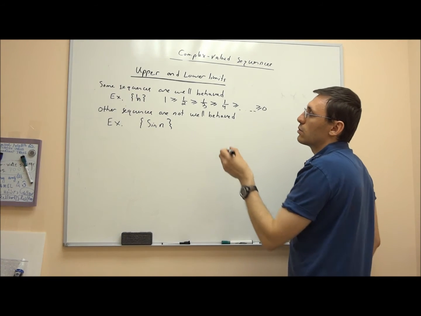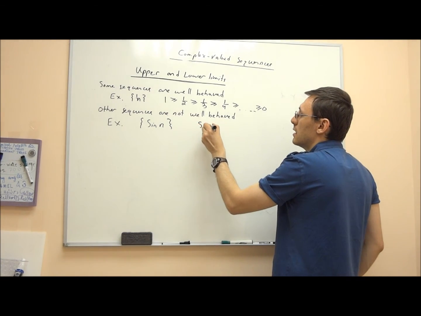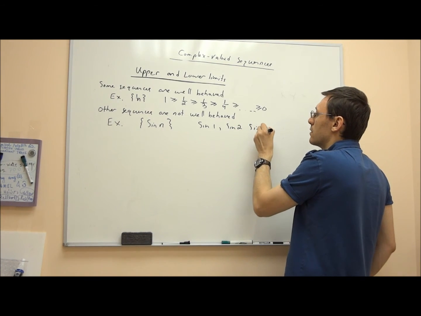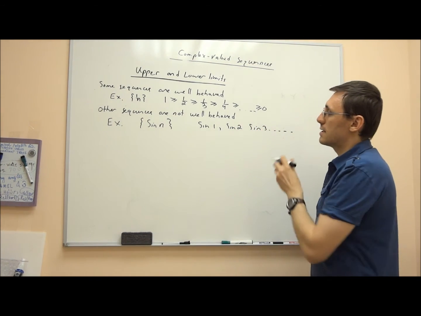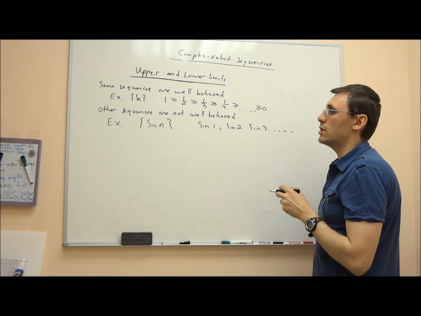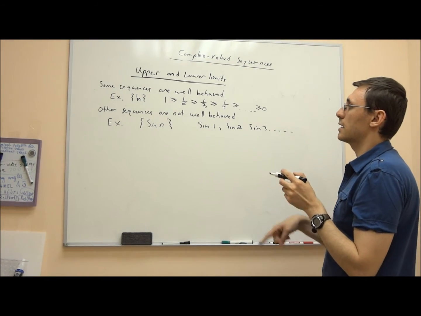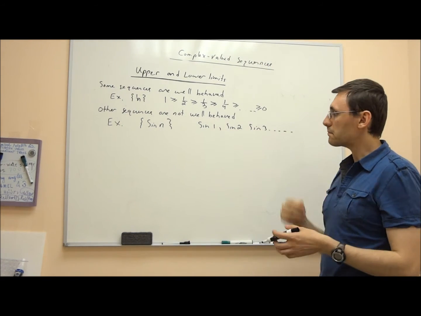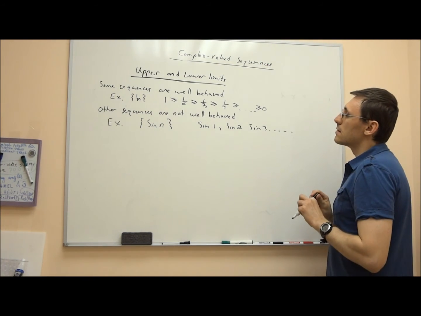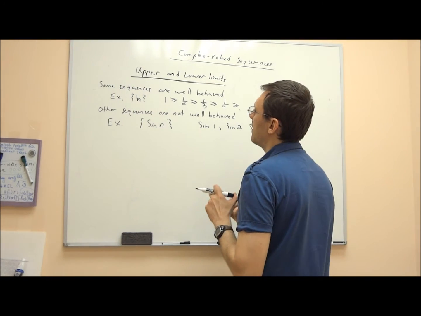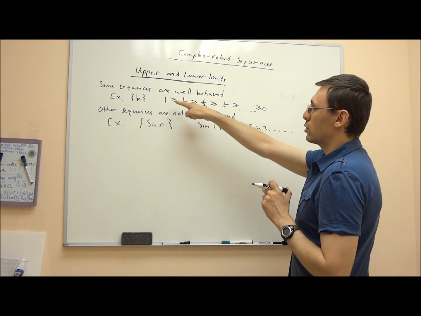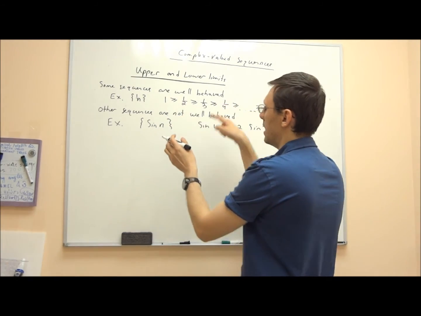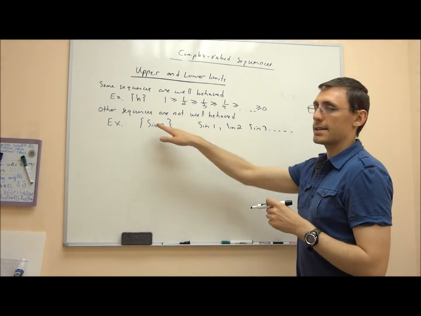So it's very difficult to read the behavior. It will be sine of 1, sine of 2, sine of 3, onwards. The sequence, in fact, does not converge, and it's just going to be scattering values in the interval -1 to 1. So this is a very poorly behaved sequence. It's neither monotonically decreasing nor monotonically increasing. It doesn't have a decreasing behavior or an increasing behavior. It does not converge.